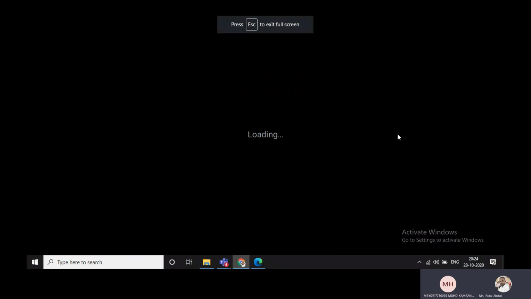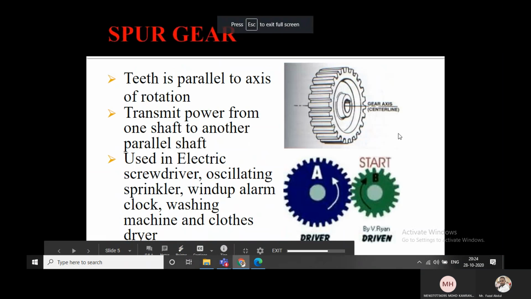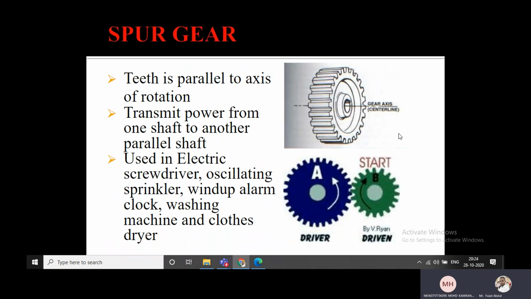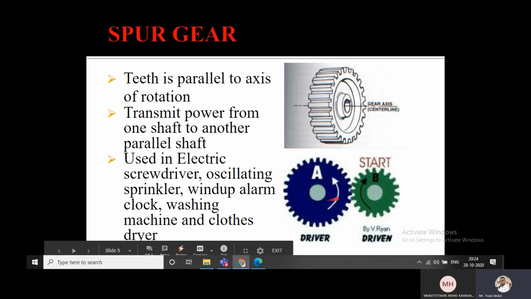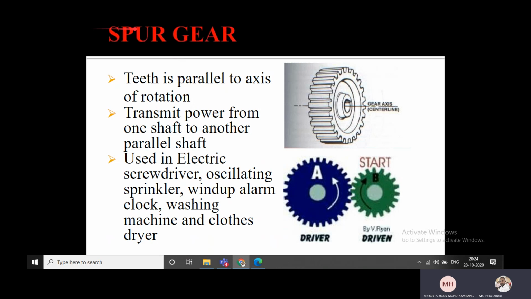Okay. Now spur gear, the first one. Spur gear means the axes of the two gears, gear A and gear B, are parallel to each other. Such gears are spur gears. This spur gear comes under the parallel axis type.